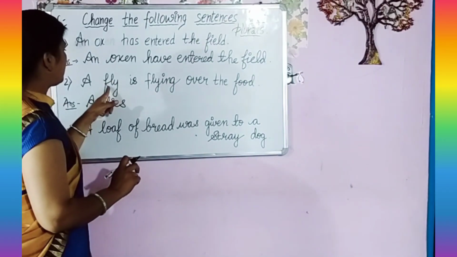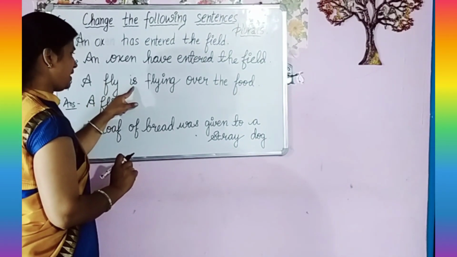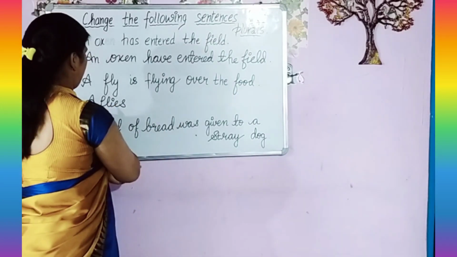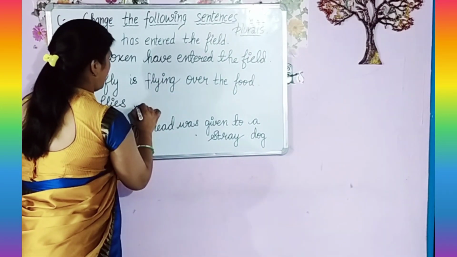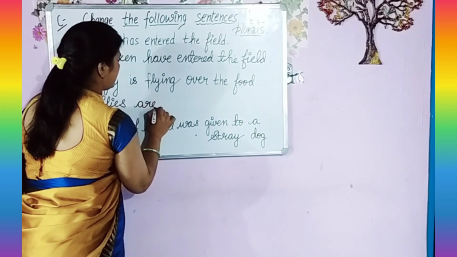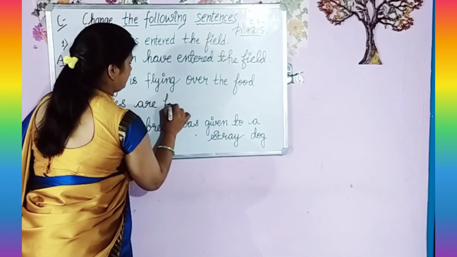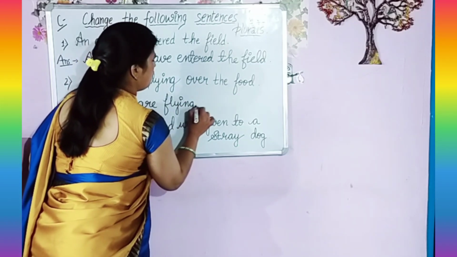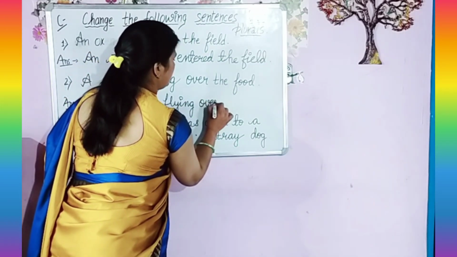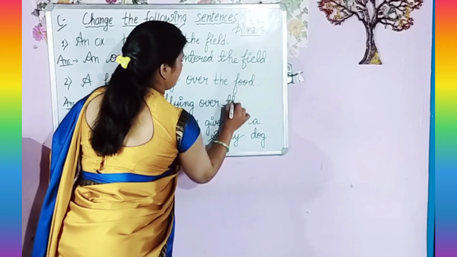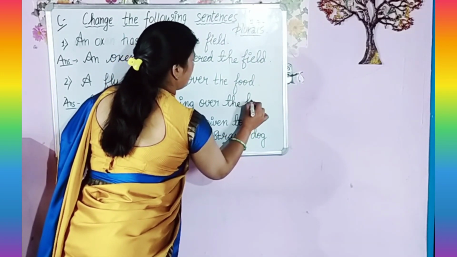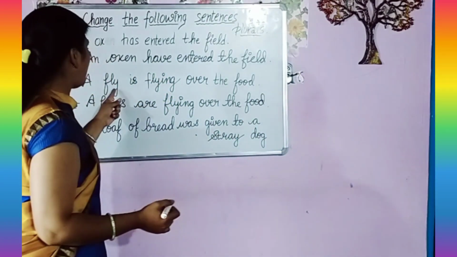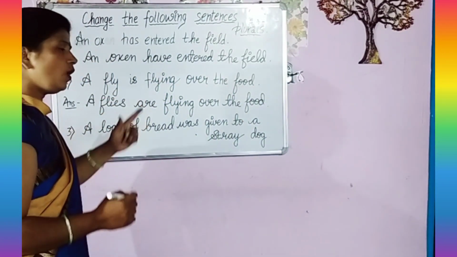If we are talking about one, then we have used is, and if we are talking about many flies, then it will be flies are. What will it change to? Are flying over the food. So what we have changed is fly into flies and is into are.